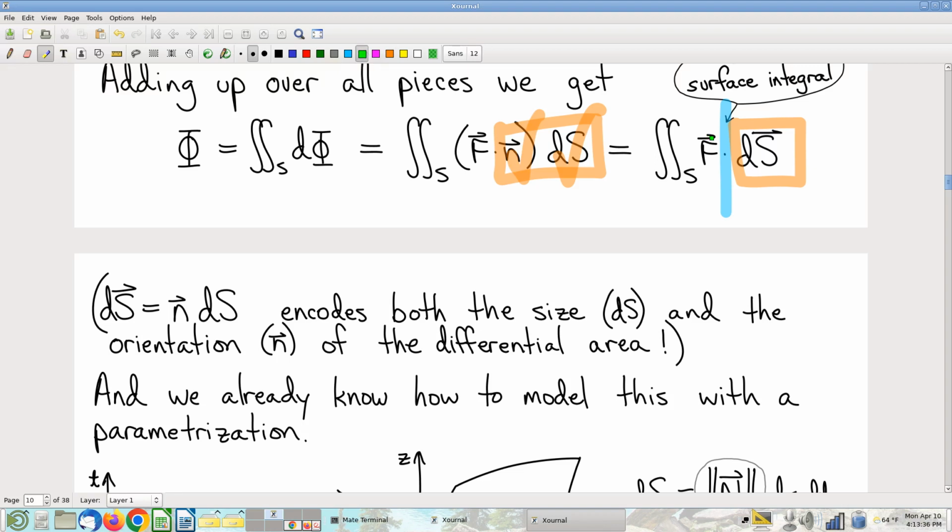Everything else, on this side of the line, is completely independent of the surface. The vector field exists independent of the surface. Even if there is no surface, there's still a vector field. And likewise, the surface is independent of the vector field. They're totally disconnected from each other. So I like for my differentials to exclusively tell me about the surface, and for my integrands to be the stuff that's not intrinsic to the surface. Like I say, it's aesthetics, but I think that makes sense.